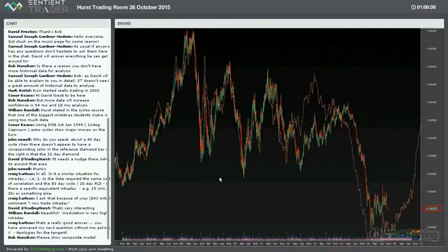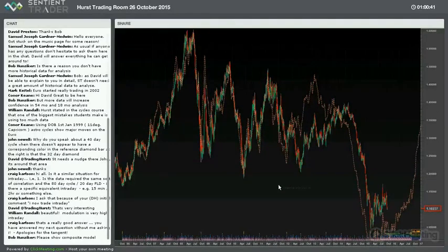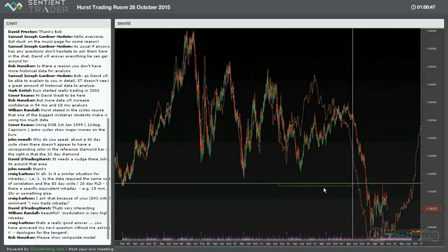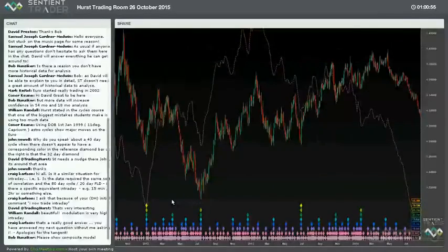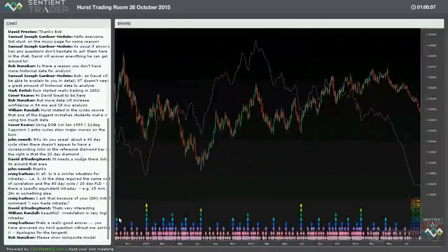So I find it very useful to plot this model line and then to zoom in and have a look at those time periods and work out what might have been wrong with our cycle analysis during that period.